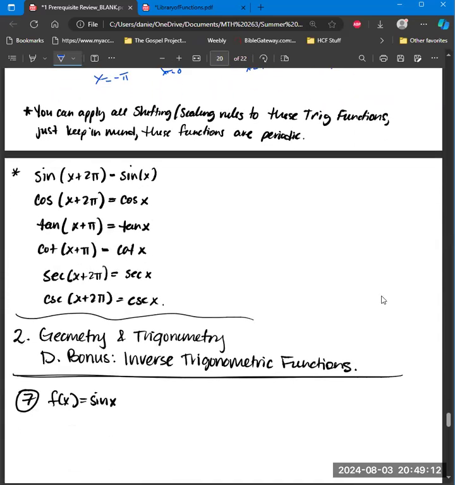Because they're periodic, if I add or subtract 2 pi, the period, to sine and cosine, you get the original function. Remember, the period of tangent and cotangent is just pi. They're based off of the slope, so you come back to the same line every pi radians. That's why their period is pi. Secant and cosecant have a period of 2 pi as well.